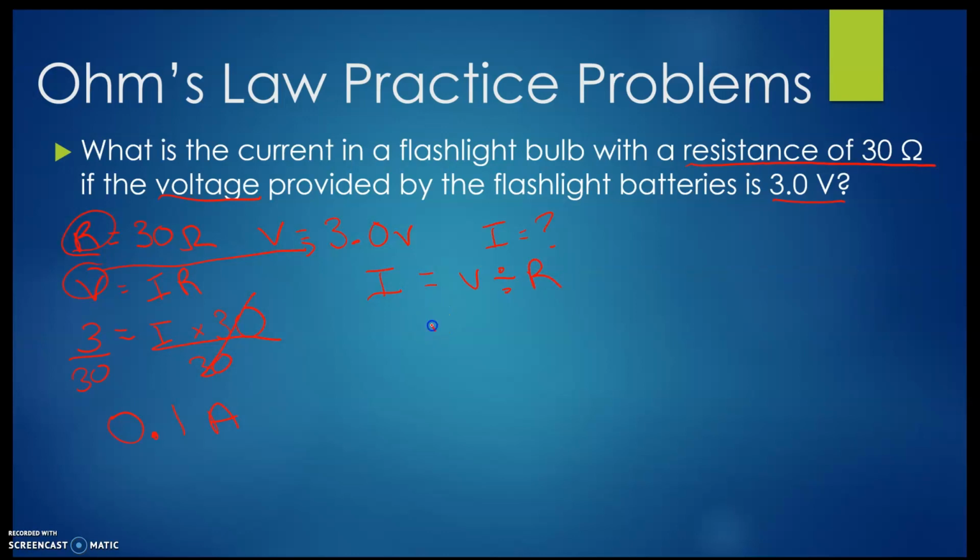So we'll have our voltage, which is 3, cross that out. And we want to do divided by our resistance, which is 30. So you can see it would end up being the same thing that we came up with over here. So it would give us still our current of 0.1 amps.